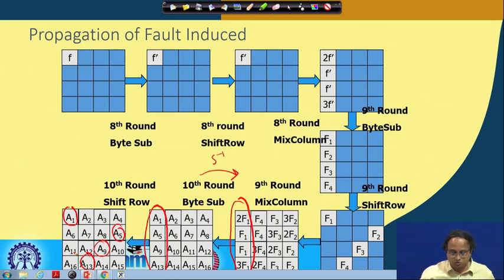So your equations will be concerned with A1, A5, A9 and A13, but remember that in the cipher bytes, you have to be concerned about these cipher byte locations. So this is the 10th round cipher C10, for example.